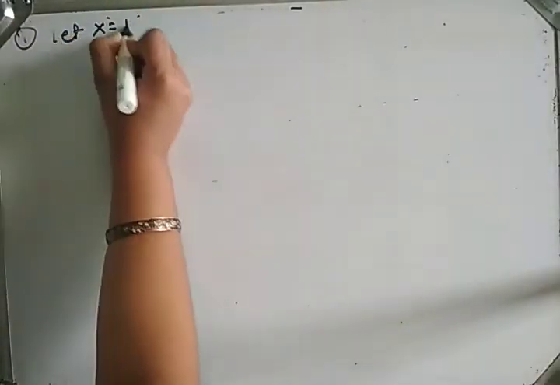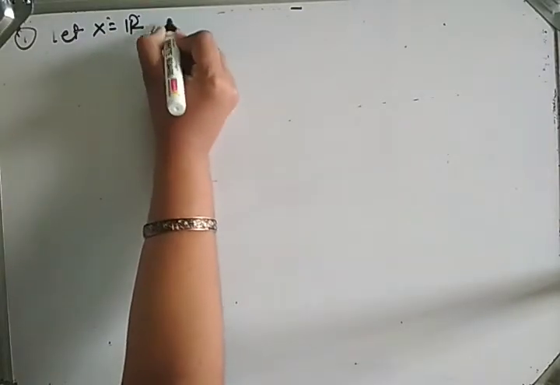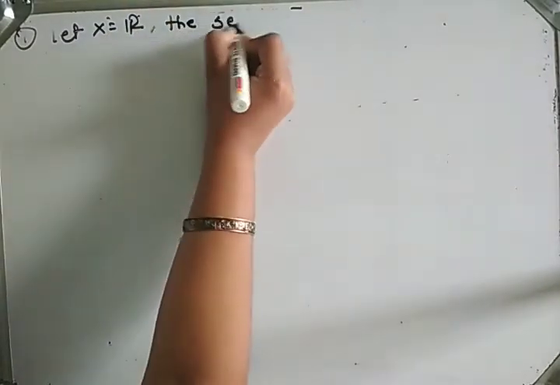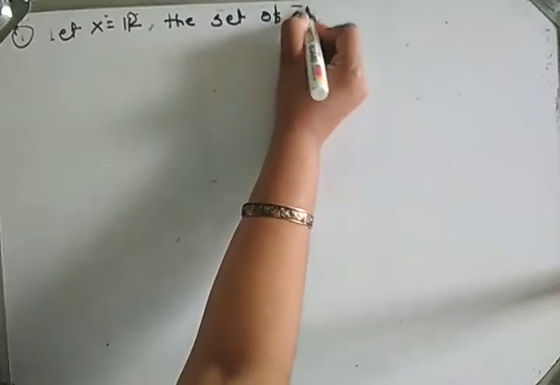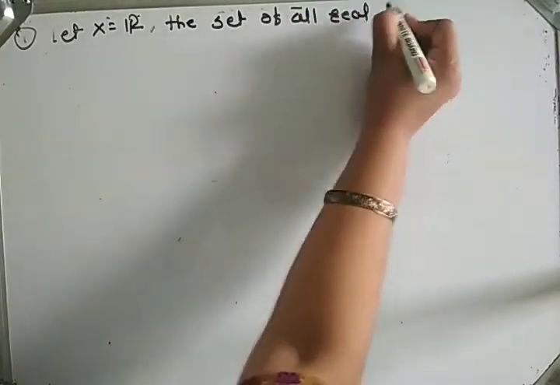Now we will see one example on metric space. The example is: let X equal R, the set of all real numbers.